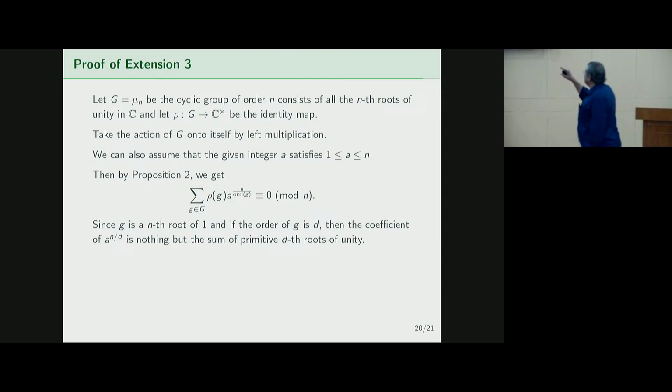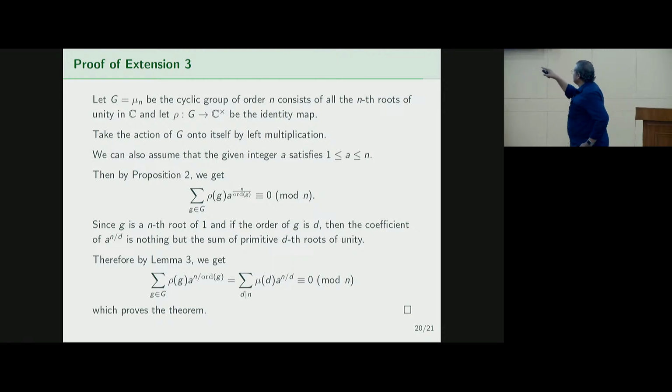The coefficient is the sum over all primitive dth roots of unity, which is the trace for a fixed d. So therefore what I will get is μ of d. This sum is nothing but the sum of μ of d times a to the power n by d, and that is 0 modulo n.